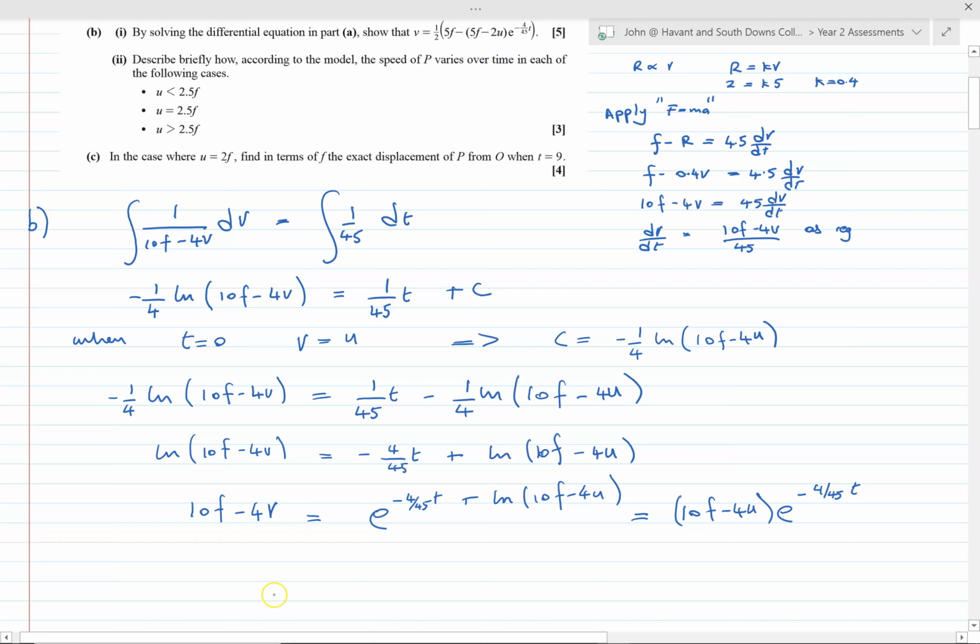Let's rearrange this a bit and divide through by 4.